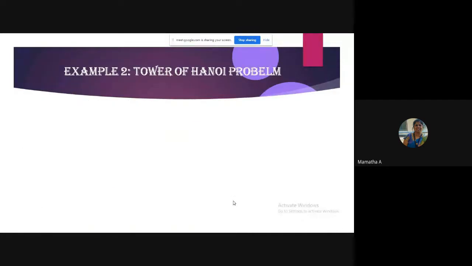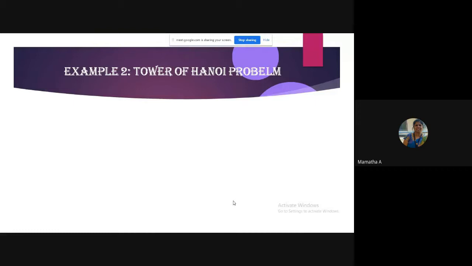Okay, the second example which we will be dealing with today is the Tower of Hanoi problem. Can anybody brief what this problem is? What is the problem statement? Students, what is the problem statement? Any idea?